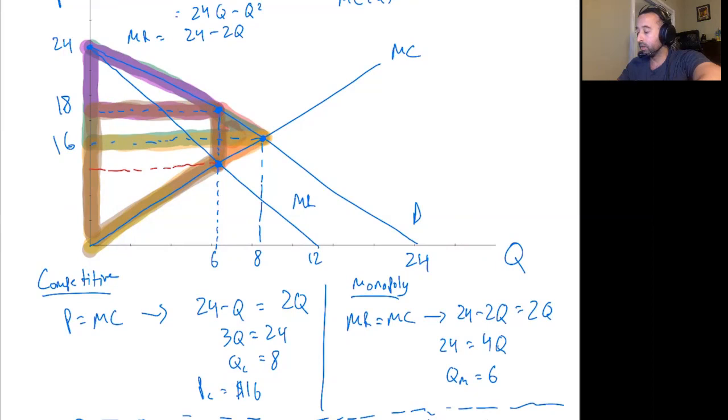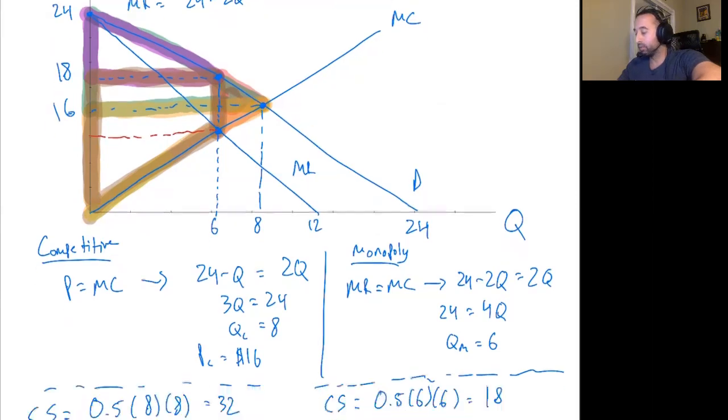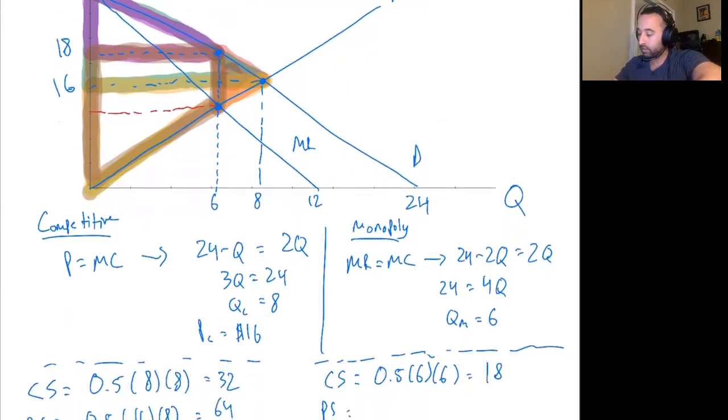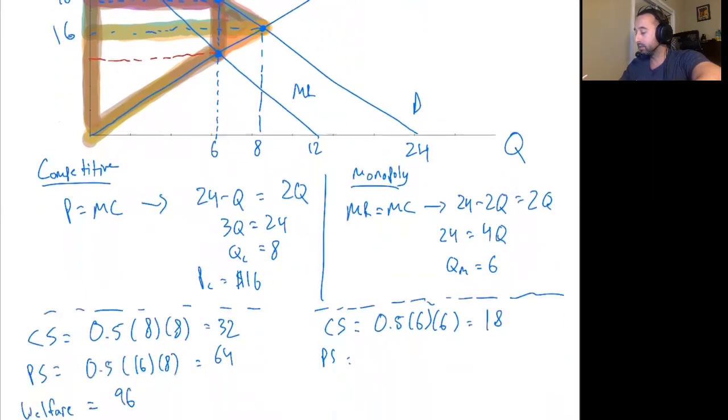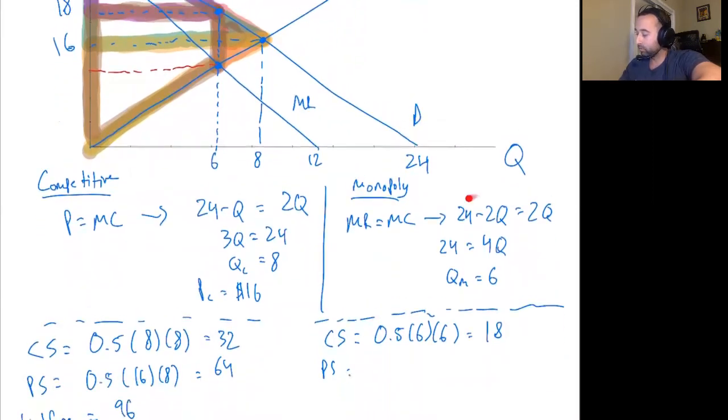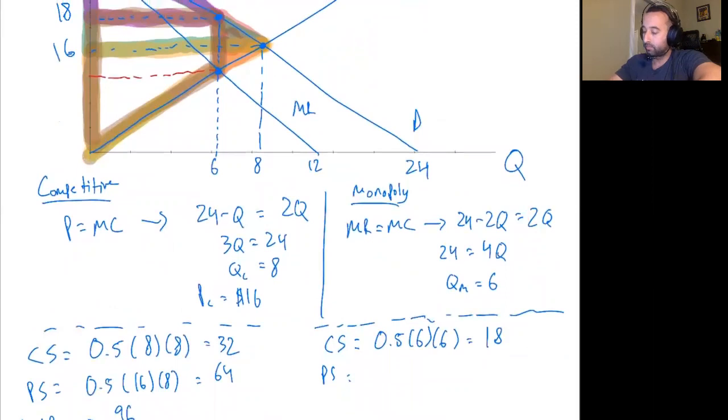It's the price associated with the marginal cost and marginal revenue curves at the equilibrium quantity. If I plug in 6 to either the marginal cost or the marginal revenue curve, that will give me this y value here, which is a meaningless value from an economic context, but it's important for our area and surplus calculations. So I plug in 6 into my marginal cost curve, which is just 2q, and I know that this value is equal to 12.